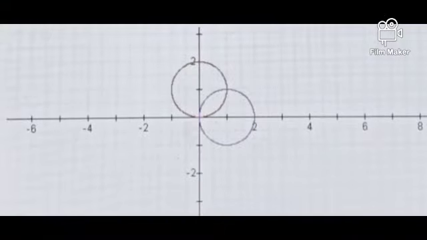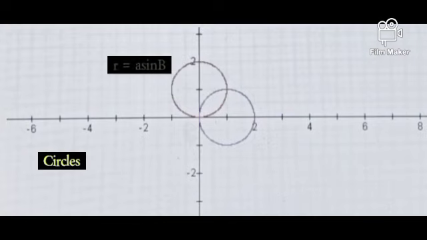Next, we take another set of graphs of polar equations. The polar equations whose graphs are circles. The circle that is symmetric with the y-axis or the vertical axis shown in the graph has equation r equals a sine b. In particular, for that circle symmetric with the y-axis, the value of a is equal to 2.